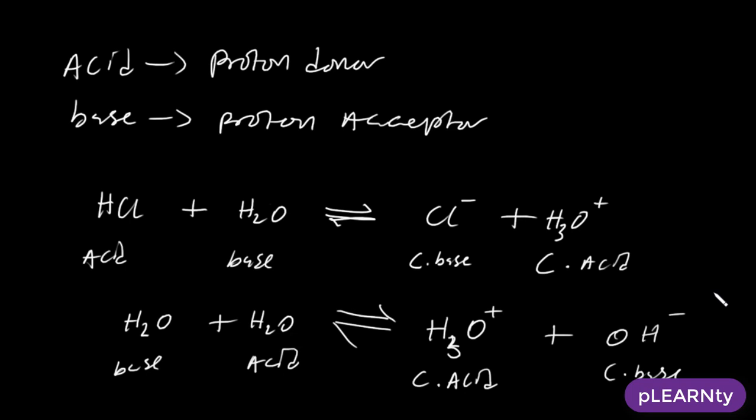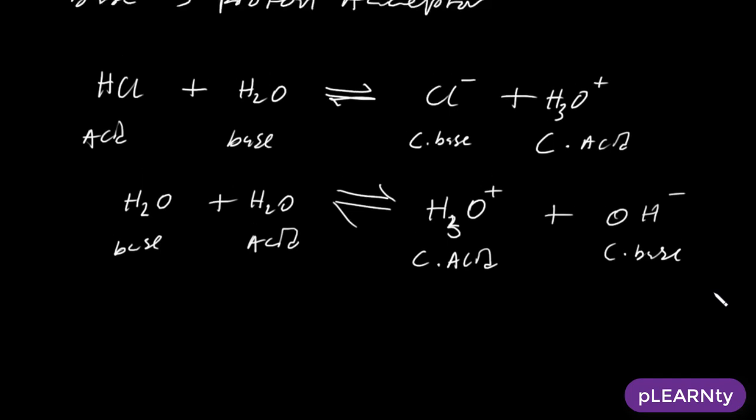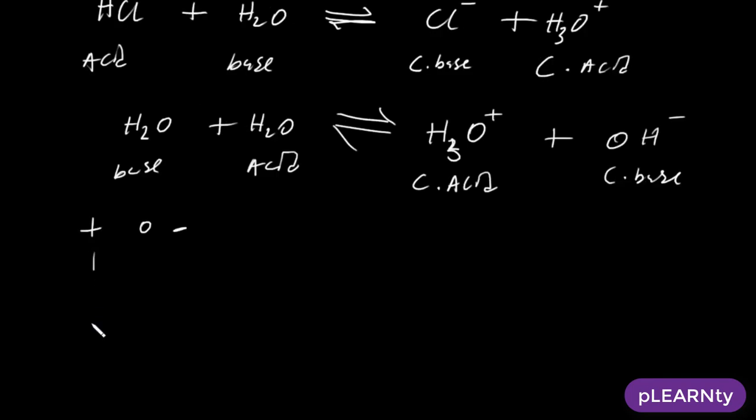So we have many examples of Bronsted-Lowry acids and bases. One good thing to note about Bronsted acids is that unlike the definition given by Arrhenius, Bronsted acids could be positive, neutral, or negative. For example, we could have H3O plus as our acid.